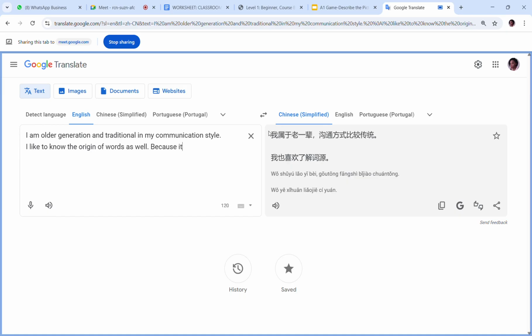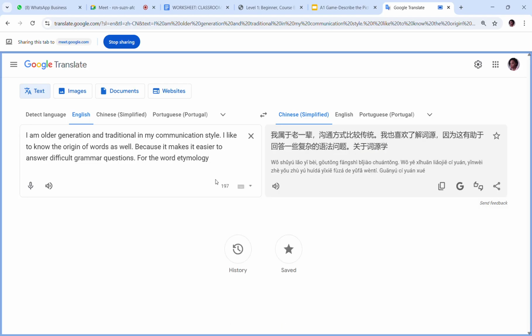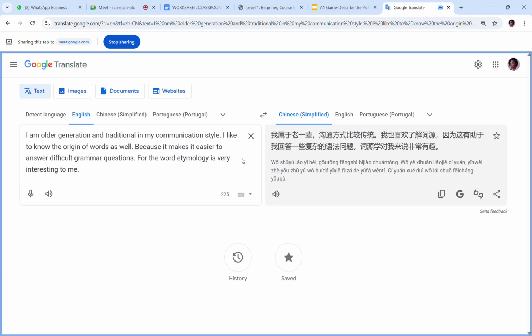Because it makes it easier to answer difficult questions, especially grammar questions. So, for example, the word etymology. Have you heard of this word? Word etymology is very interesting to me.